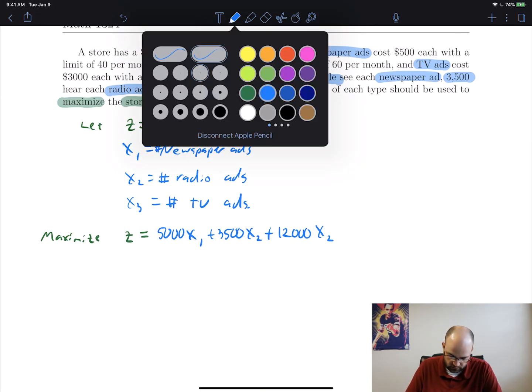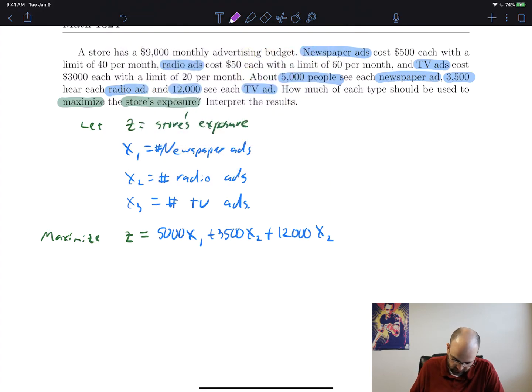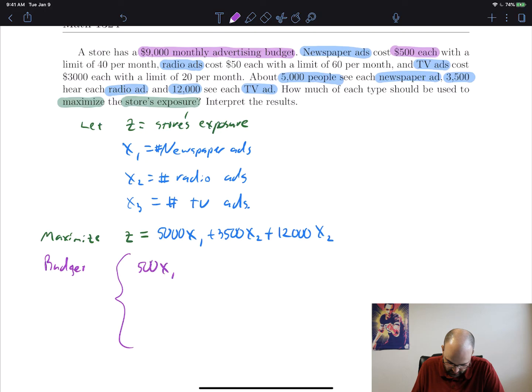Okay, so for our constraints, notice that we have a $9,000 monthly advertising budget. So the first constraint I'm going to look at will be the budget. Every newspaper ad costs $500 each, so 500x1.